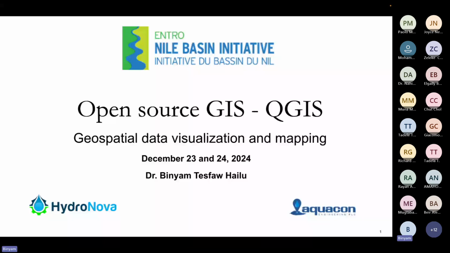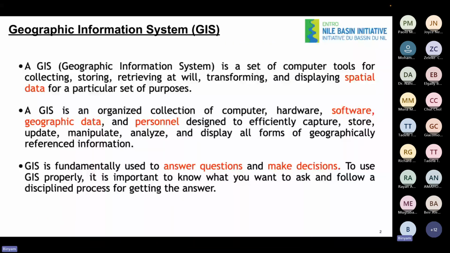To start with, most of you know about GIS, but here is a short definition. It is a set of computer tools for collecting, storing, retrieving at will, transforming and displaying spatial data for a particular set of purposes.